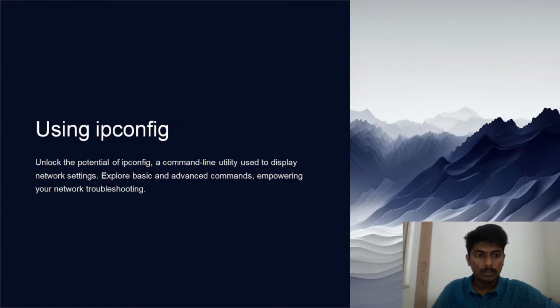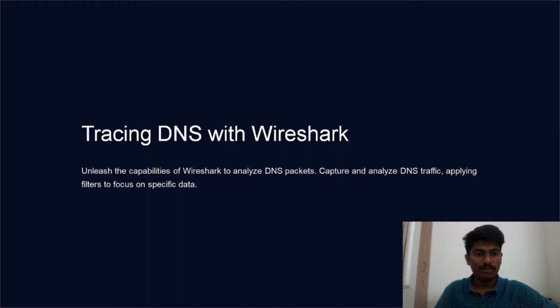What is ipconfig? If you use this command in the command prompt, we can explore advanced details of the computer like the IPv4 address, the internet address, and network troubleshooting information. All of this we get using the ipconfig command.